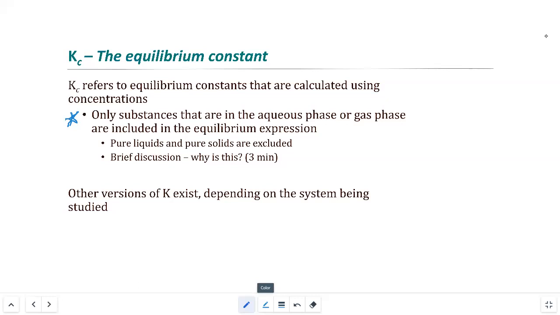So it needs to be either in the aqueous phase, a solution, or in the gas phase. Pure liquids, not included. Pure solids, not included. Any guesses as to why?